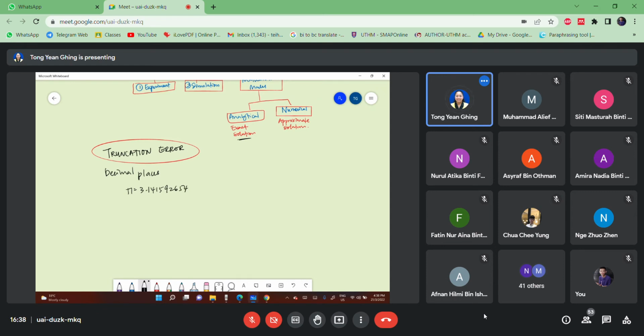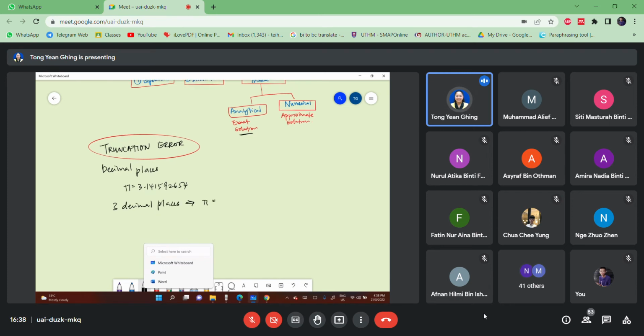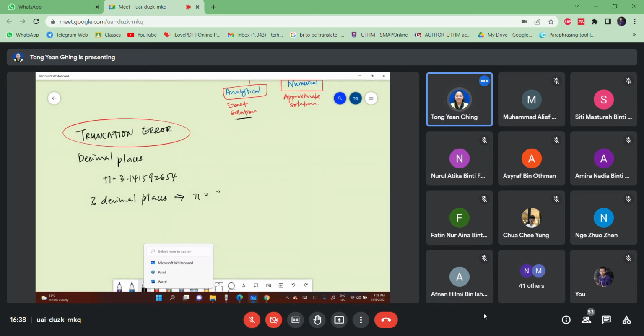Okay, if let's say we want to write this pi in 3 decimal places. This is what we normally do for 3 decimal places. So pi becomes 3.142, right?